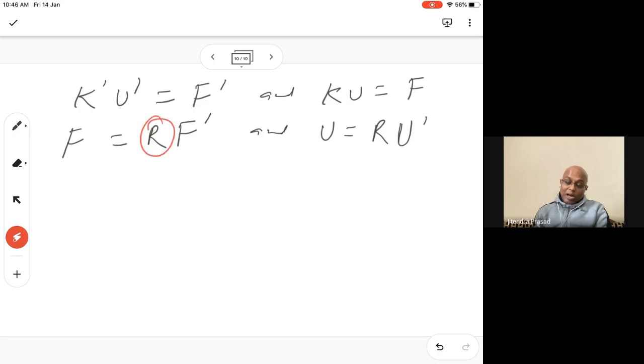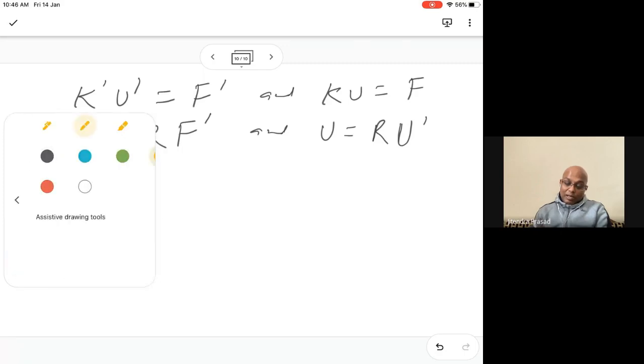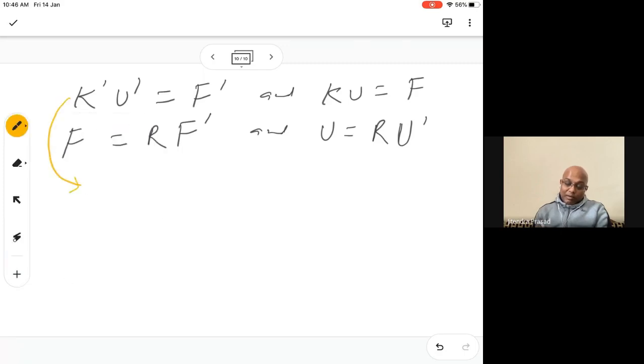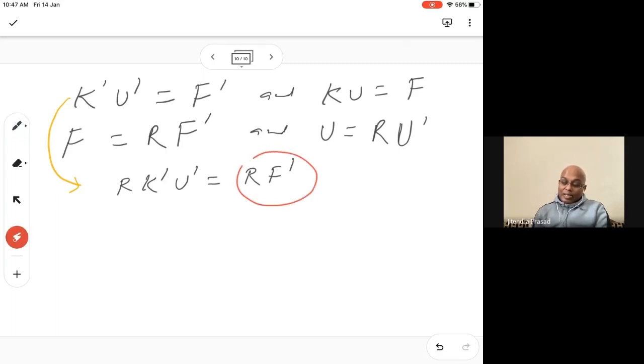So we pre-multiply with R to this one. So what happens? We get R K dash u dash equal to R F dash, right? But R F dash is what?